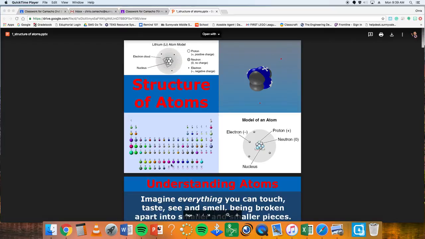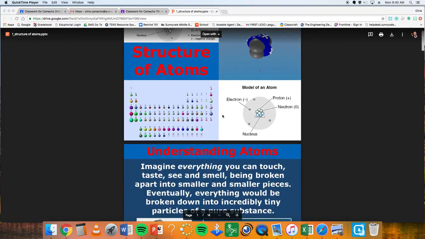If you want to look at your periodic table, follow along with my mouse here, you can see lithium would be right here. You can't really tell too much, but this is kind of what it looks like from a Bohr diagram. You can see the nucleus here. You've got your protons and neutrons in the nucleus and your electrons on the outside in the electron cloud.